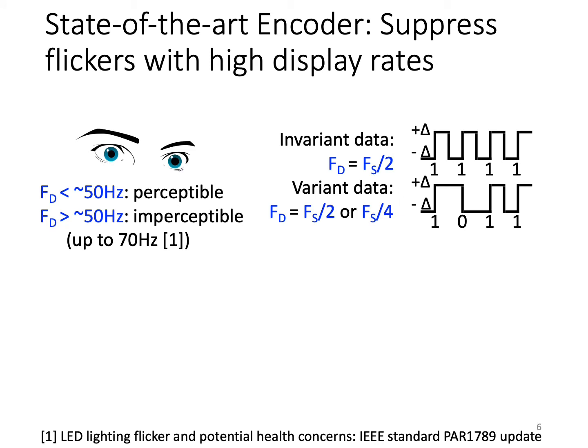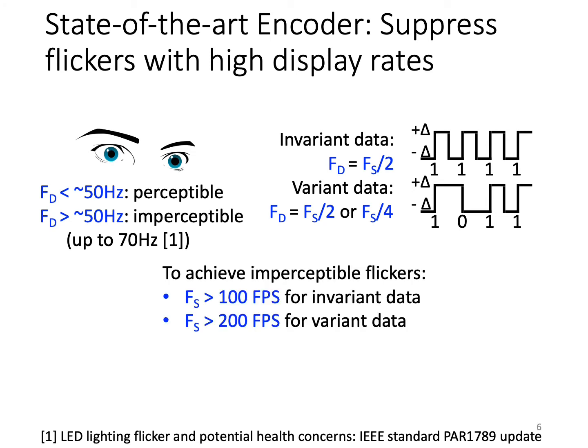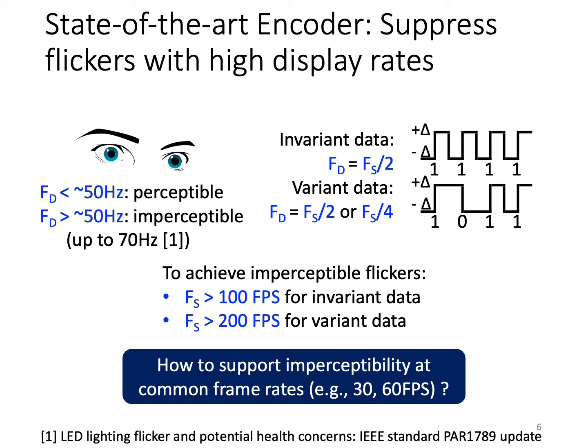Previously, we know that the modulation can create flickers with a frequency of a half or 1/4 the display rate. So to achieve imperceptibility, we need a display rate of at least 100 frames per second for invariant data and 200 frames per second for variant data. And the key question is how to achieve imperceptibility at common frame rates, for example, 30 or 60 frames per second.